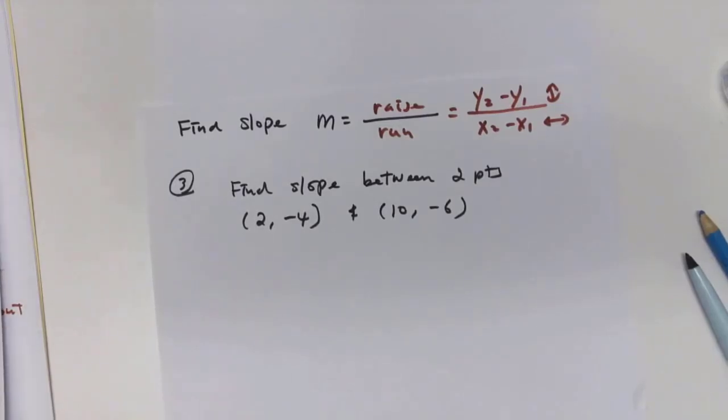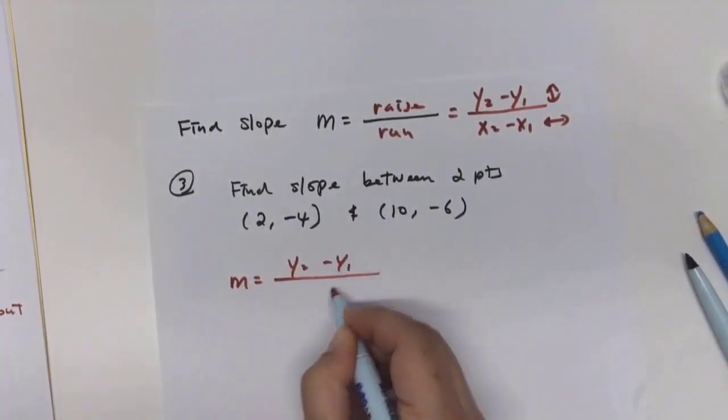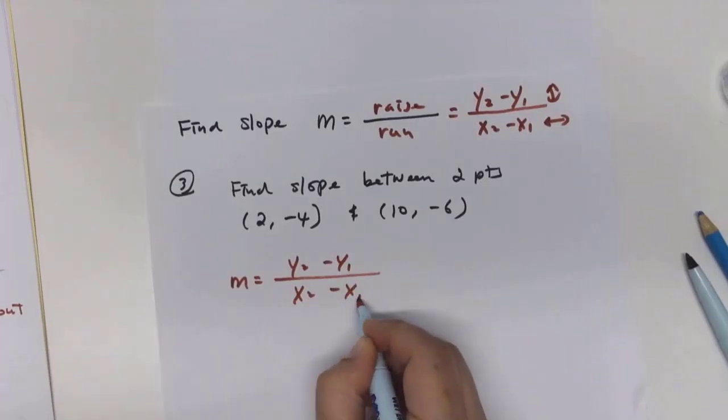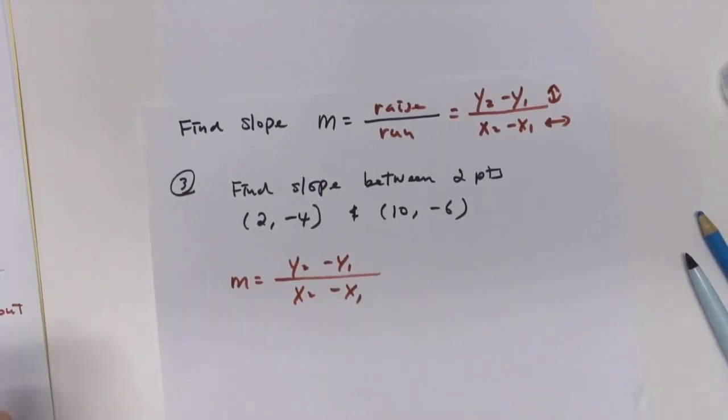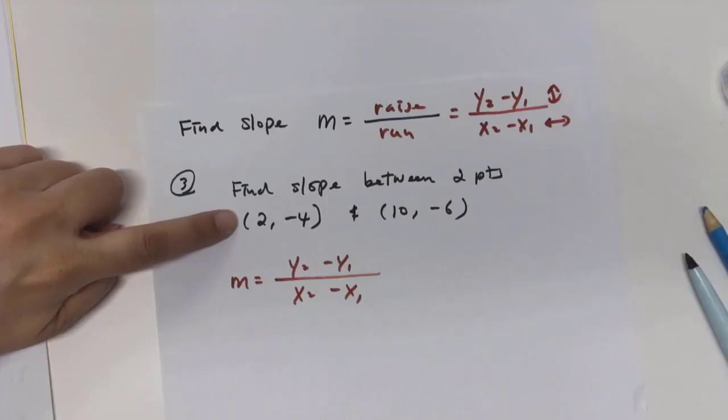Okay, so because we are finding slope, it's going to be m equal to y2 minus y1 over x2 minus x1, right? I would recommend you to actually label the points, which one is x1, y1, x2, y2.